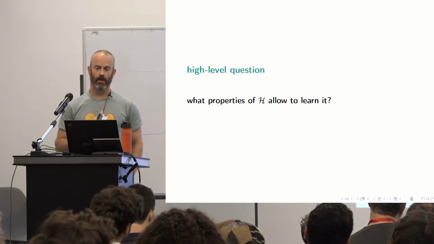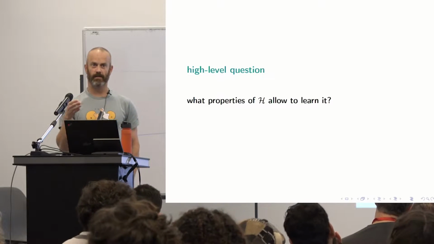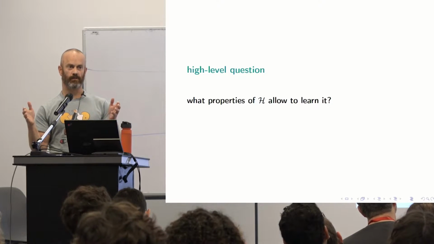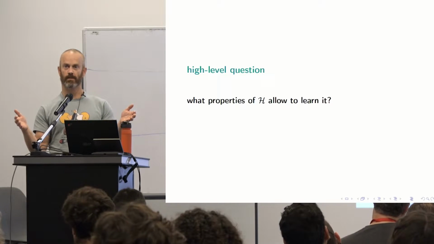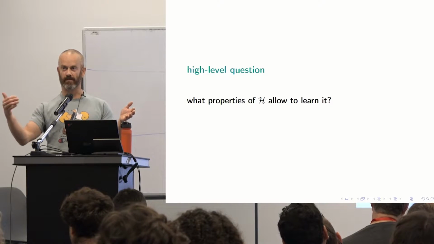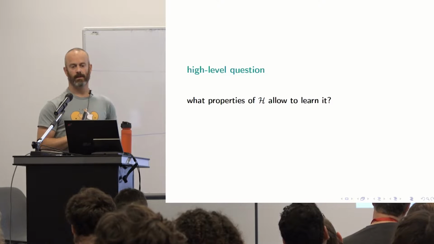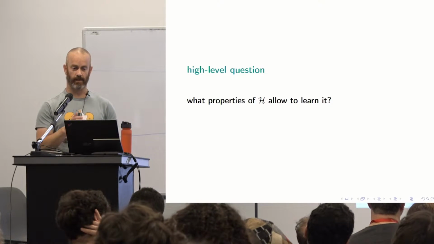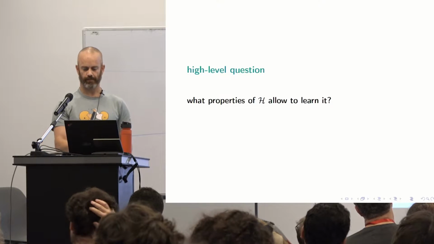Okay. So now we have a question that is a bit closer to mathematics: what properties of this learning problem H allow us to solve the problem? So at least we have a class of functions.